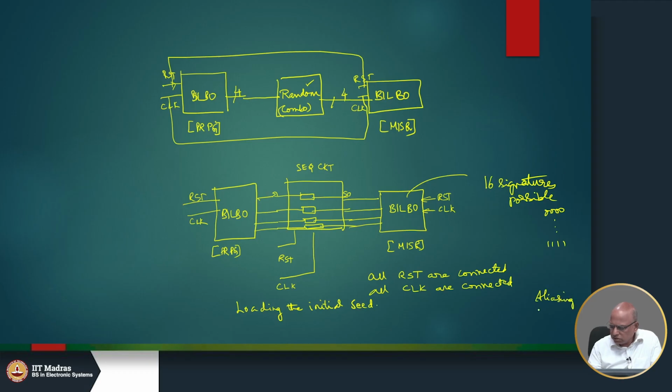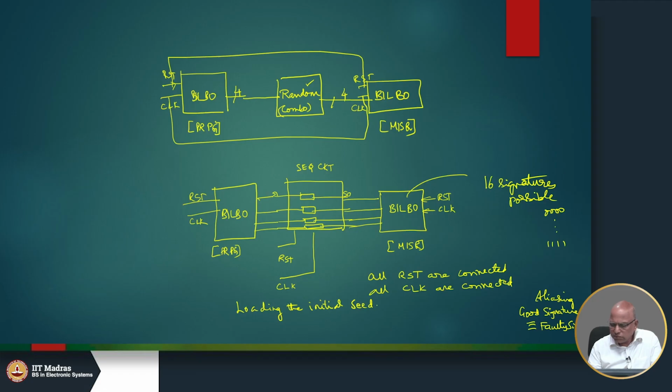So, aliasing means good signature is matching with the faulty signature. Just like somebody can forge your signature, our signature should be such that it is difficult to forge.